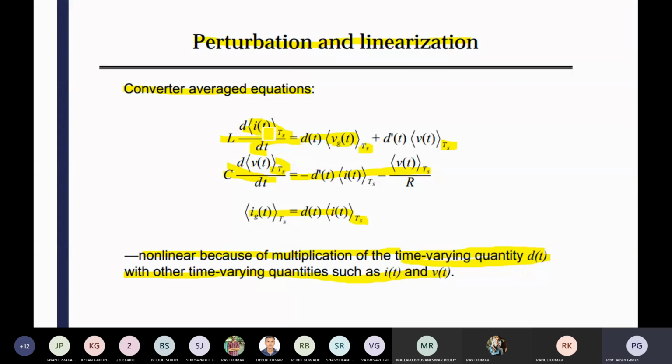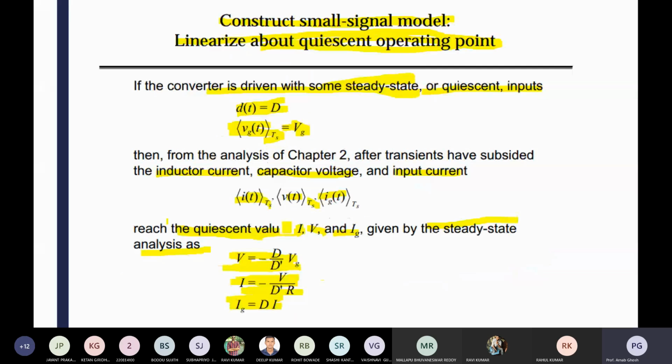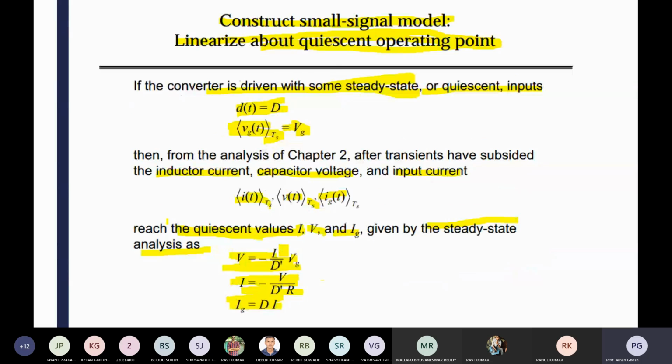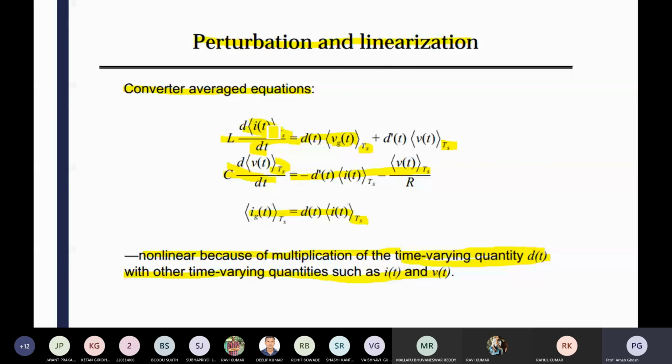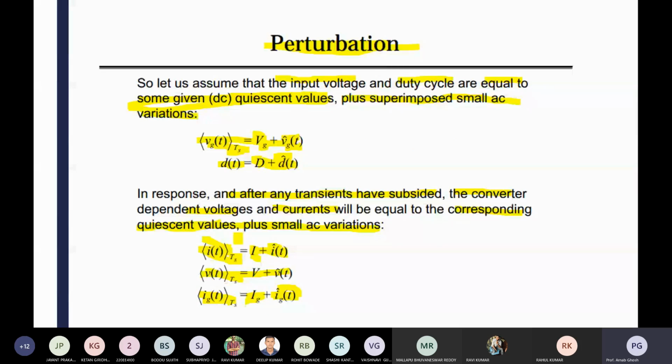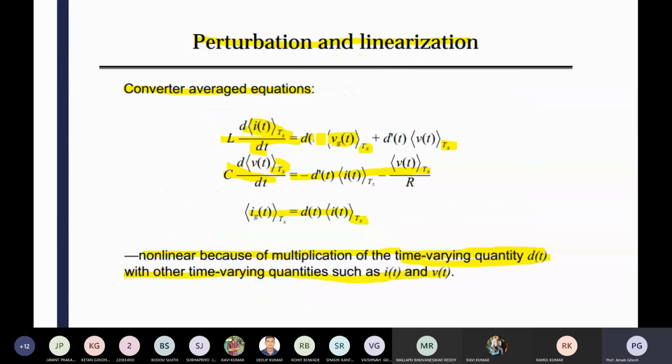But i(t) will be replaced by I plus I cap t. And d(t), what is the expression of d(t)? It is D plus d cap t, so d(t) will be replaced by D plus d cap t.